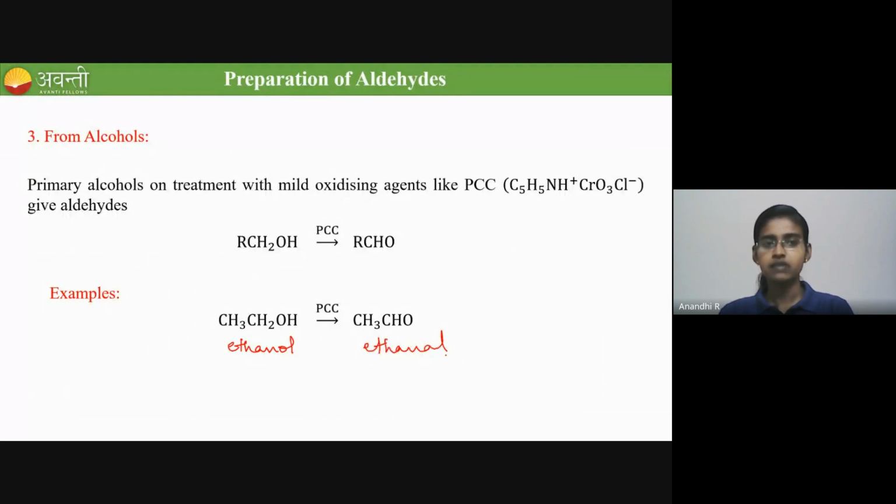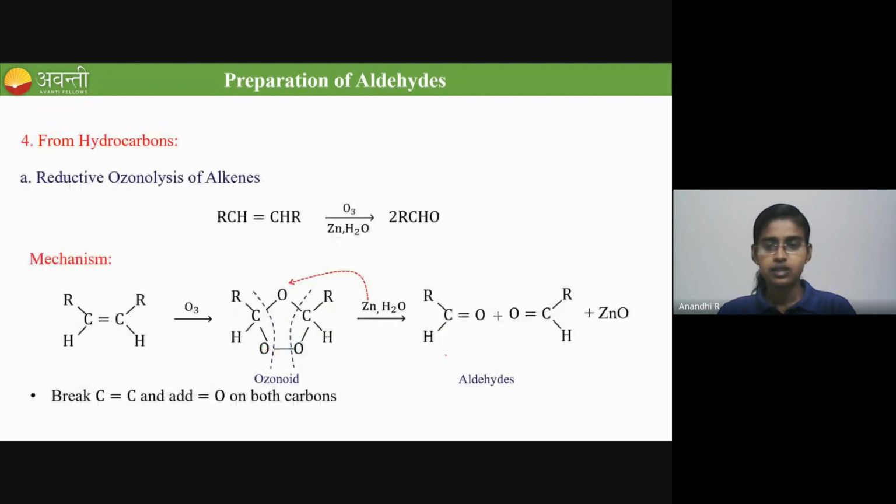So far we have seen 3 preparations. Clear? The 4th preparation is from hydrocarbons. From hydrocarbons, we prepare aldehydes using the reductive ozonolysis of alkenes. So what is ozonolysis of alkenes?